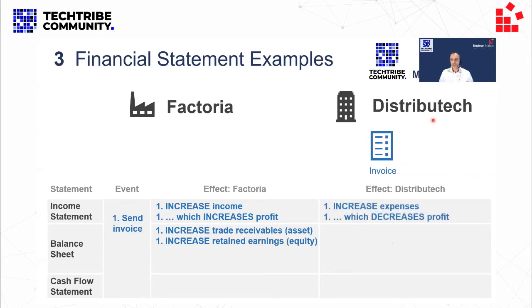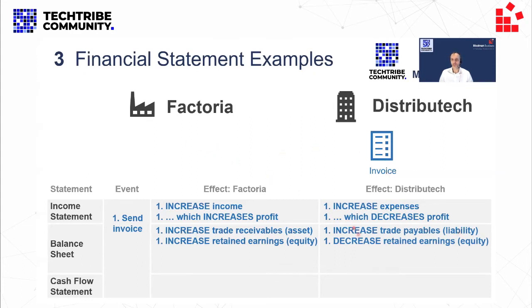On the other company side, in Distributech, there's a different impact on their financial statements. They receive this invoice, and immediately they have to increase their expenses on their income statement, which decreases their profit. And on their balance sheet, they have the double entry then, an increase in the trade payables, which is a liability because they now owe this money.